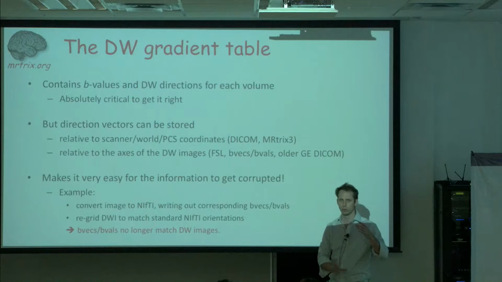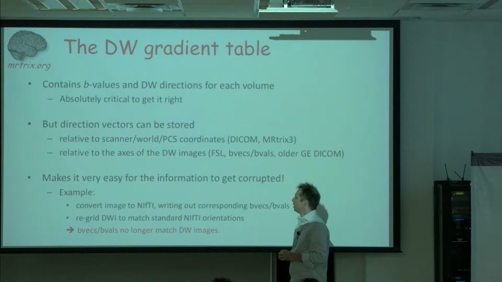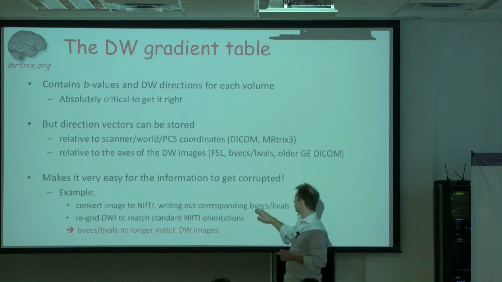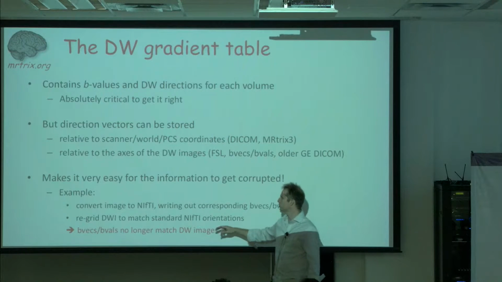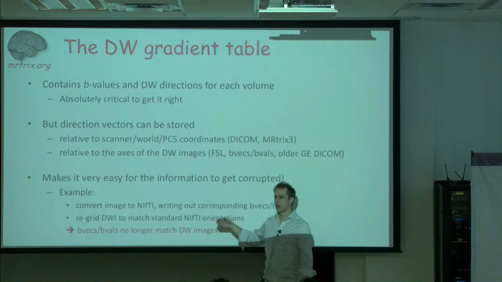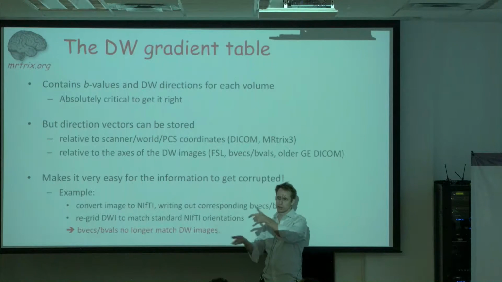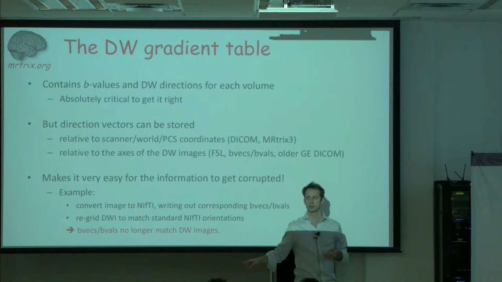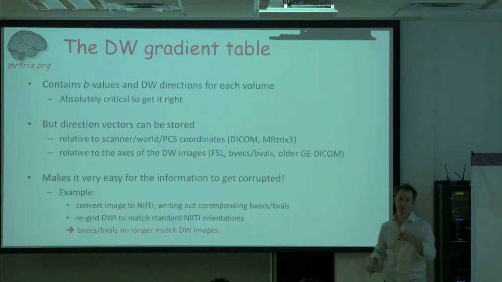The whole gradient table will be there if it can find it. So one issue, for example, is if you convert your image to NIfTI, you get your bvecs and bvals, everything's fine, but then you decide to regrid your DWI to match, for example, your T1. At that point, the image axes might be different because the T1 might have a different orientation, and your bvecs and bvals are no longer consistent. You'll have different orientations as a consequence.